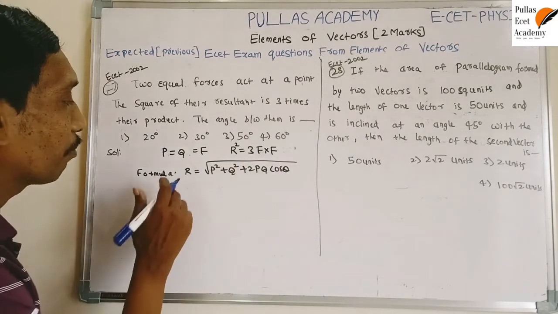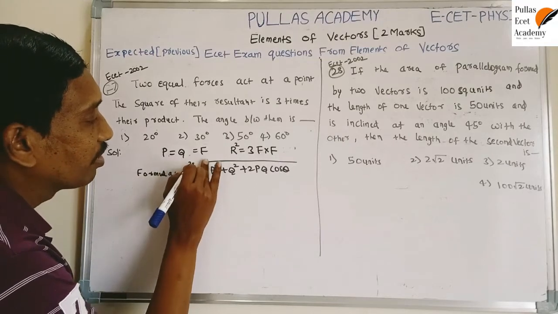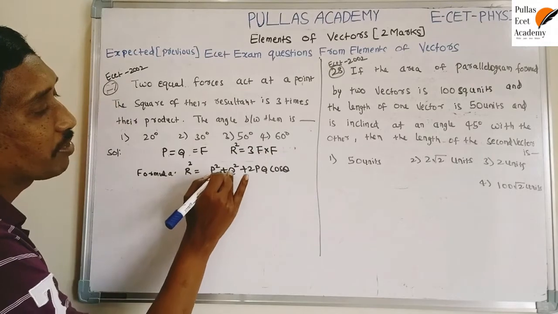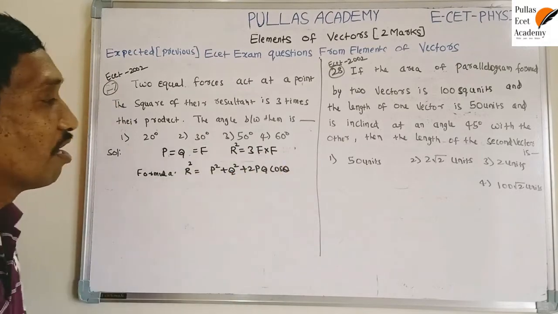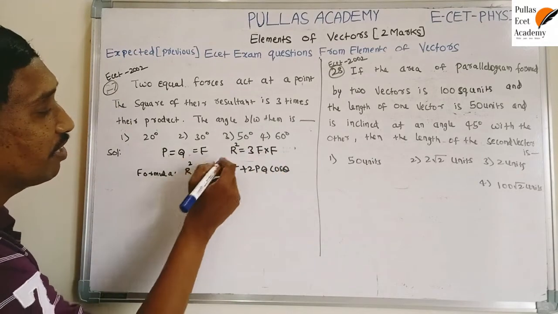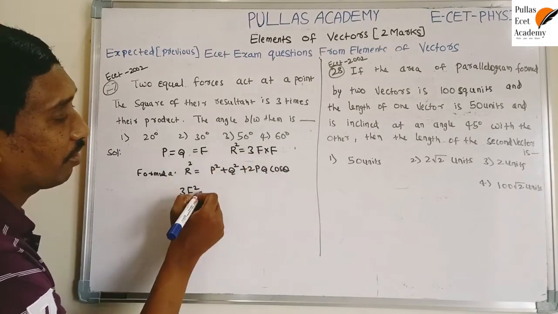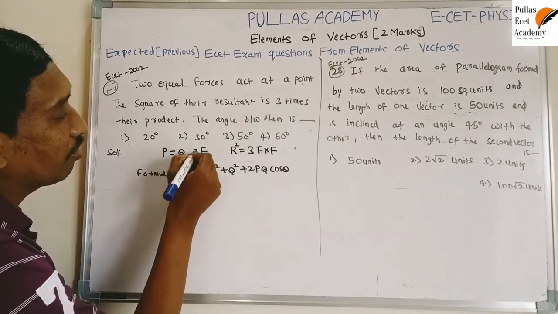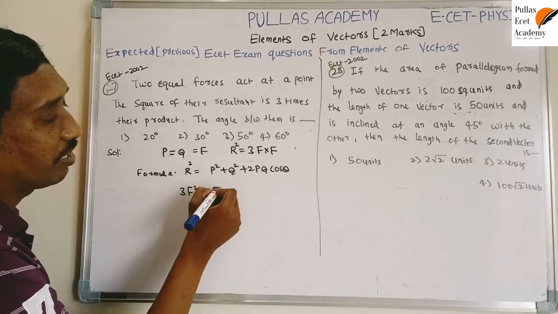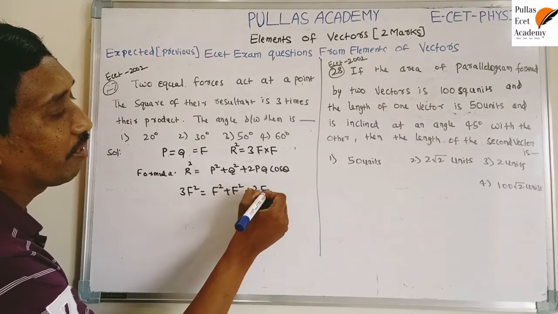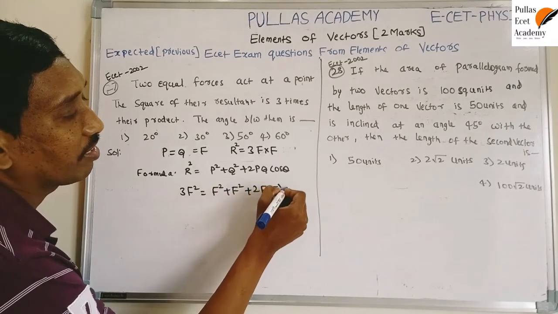But we need R square, so squaring both sides, R square is equal to P square plus Q square plus 2PQ cos theta. Given R square is 3F square, with P as F square and Q as F square, plus 2 into F into F cos theta.